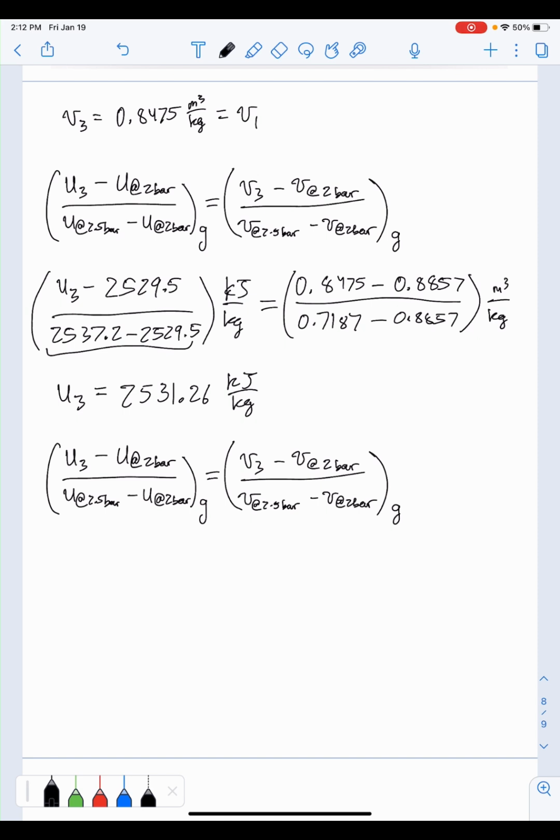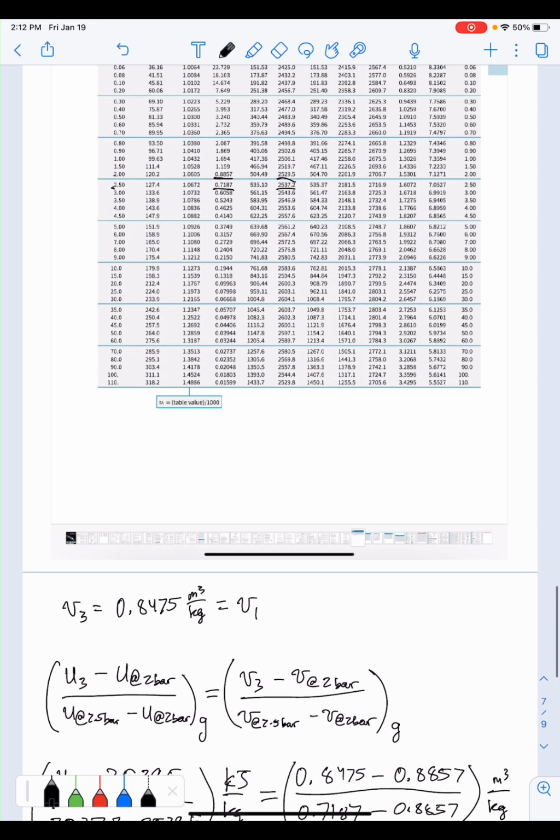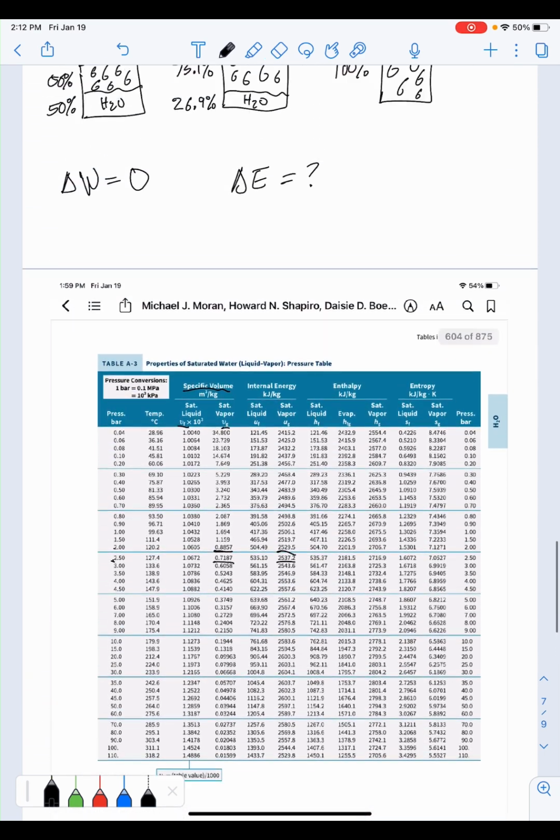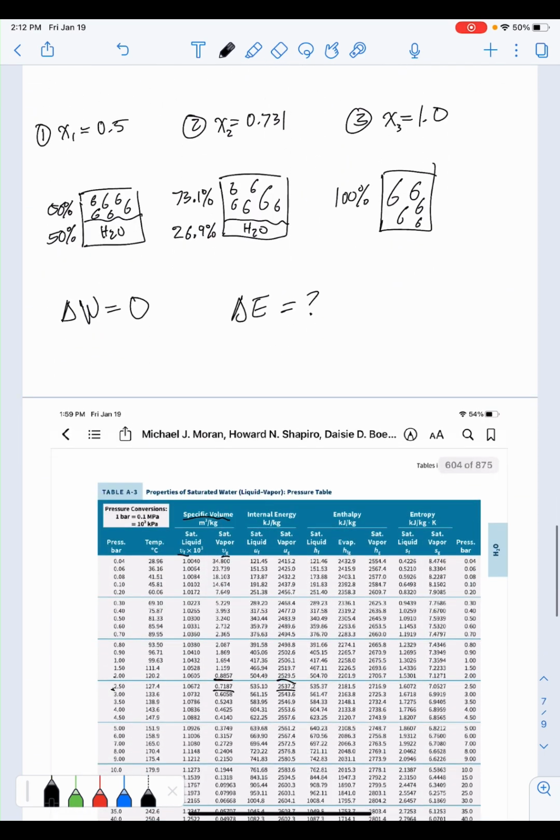Let me change some of our variables. Also, you need to go back to the table to determine exactly what's going on. Okay. So this time we aren't really doing an interpolation, now that I think about it. I probably should get rid of the whole part.